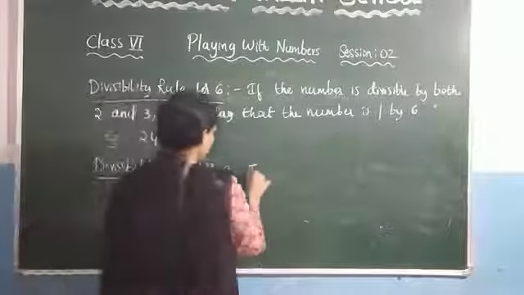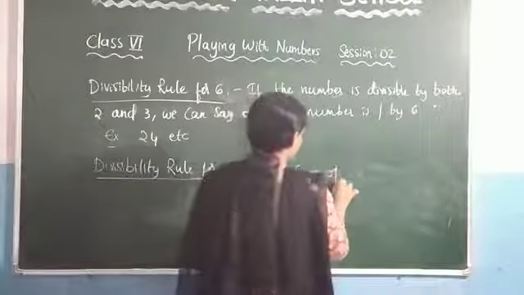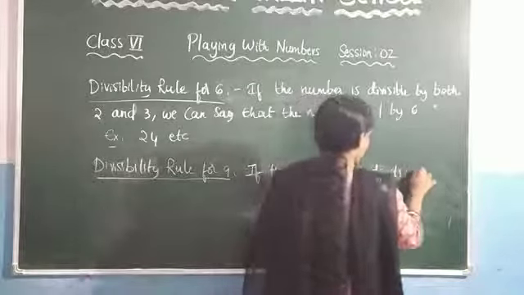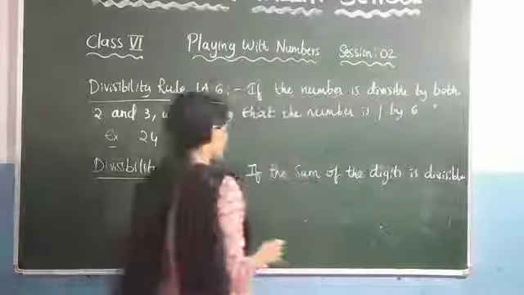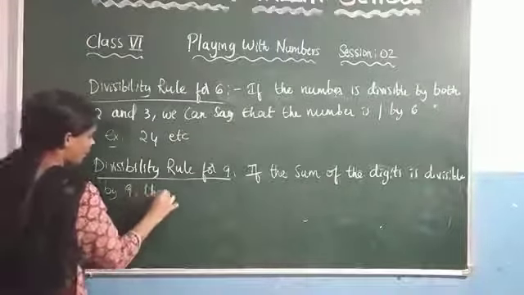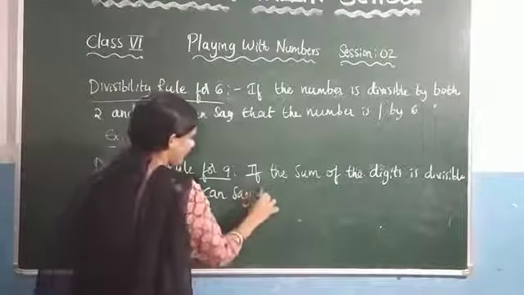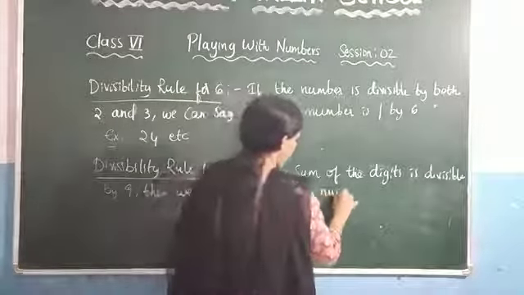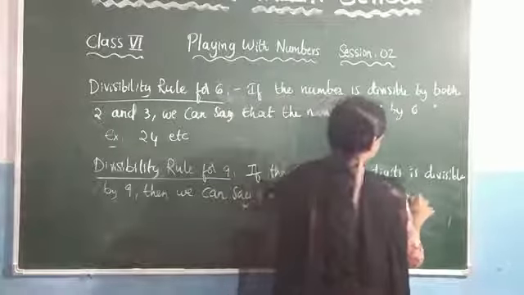Now here, what does the divisibility rule for 9 say? If the sum of the digits is divisible by 9, then we can say that the number is divisible by 9.